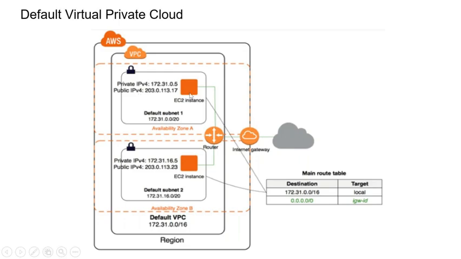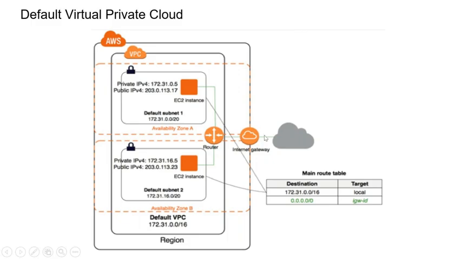Similarly, here also the EC2 instance, whenever it wants to communicate with the internet, first the router checks whether it can communicate with the internet or not. It checks the entry, the internet gateway ID. By default we have a table in which the internet gateway ID will be added in the default virtual private cloud. But when you are creating a custom virtual private cloud, you have to create everything manually.